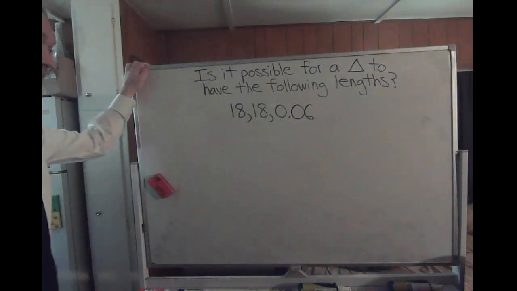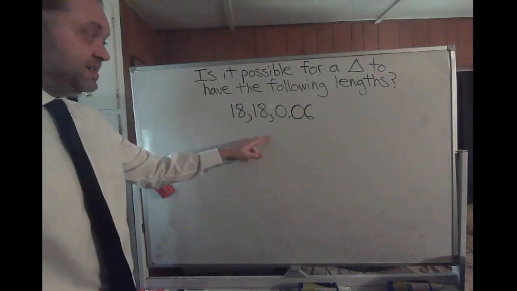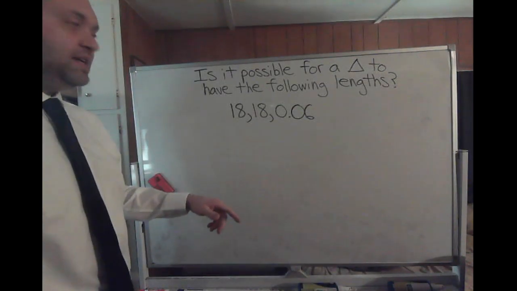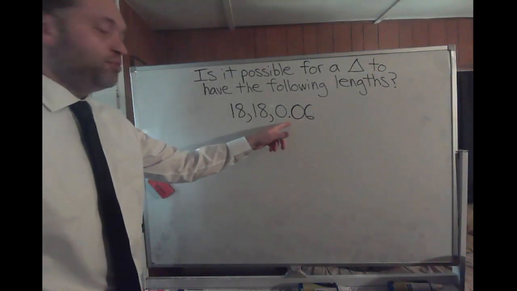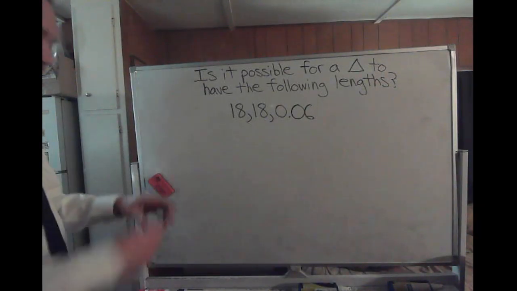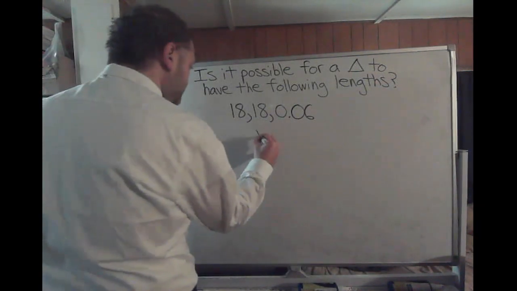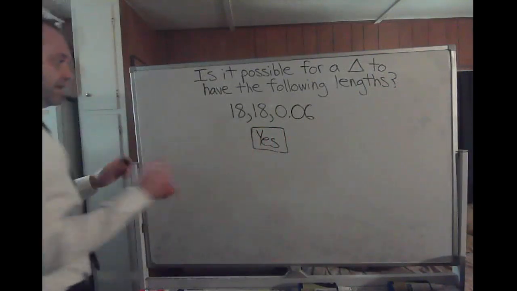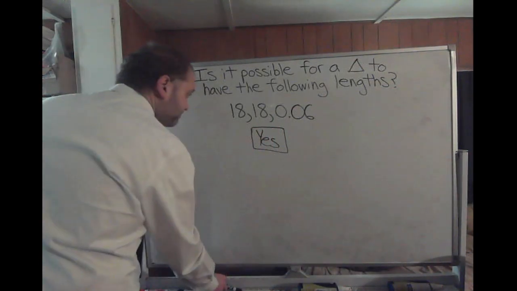Yeah, definitely. 18 plus 18 is 36. It's greater than 0.06. But let's say we even took 18 plus 0.06. You would get 18.06, which is greater than 18. So hands down, yes, that's entirely possible to have triangles with those lengths. Absolutely.